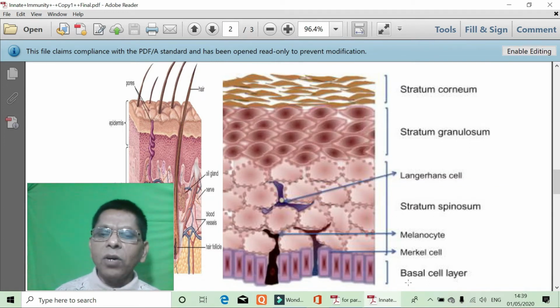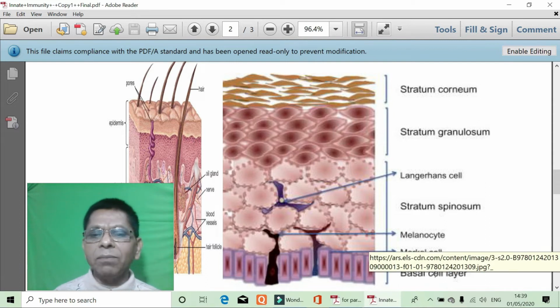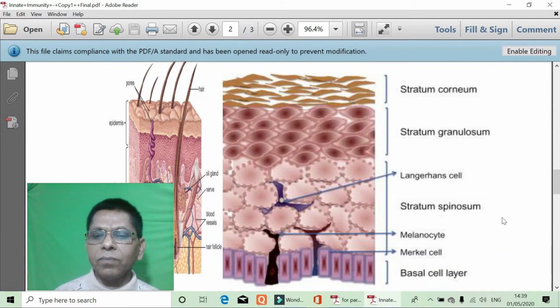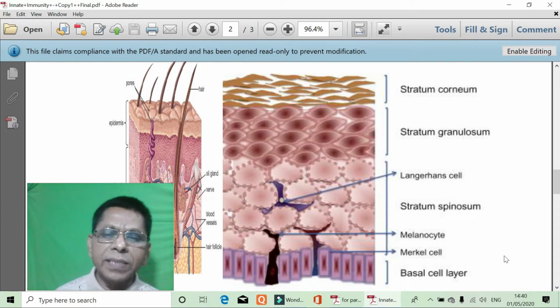As I have already told you all, the basal cell layer is also called the stratum germinativum or Malpighian layer. It rests on the basement membrane, and this layer has the property of multiplication. The cells here are columnar in shape and divide and redivide continuously so as to produce newer and newer cells.